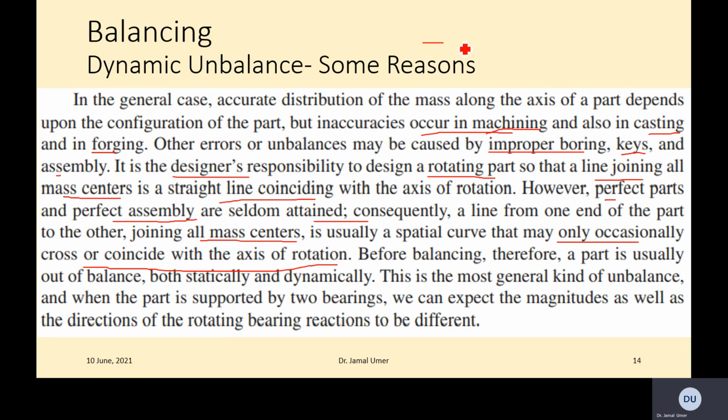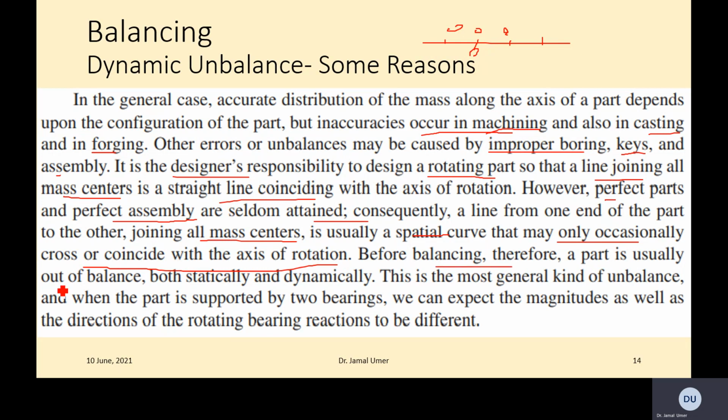If all the masses are on one center, not away from the single shaft, then it will be called balanced, but that is seldom achievable. So normally it is a spatial curve. What does it mean? It is in space, with reference to this axis. Because of that, you will have reasons for unbalancing.